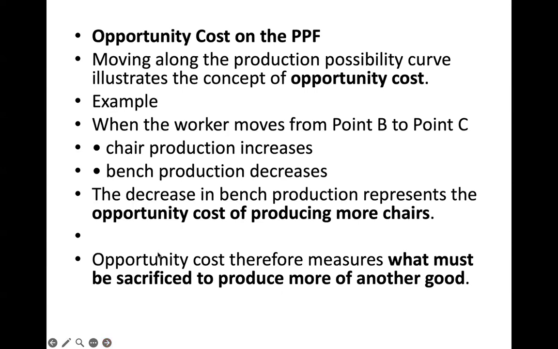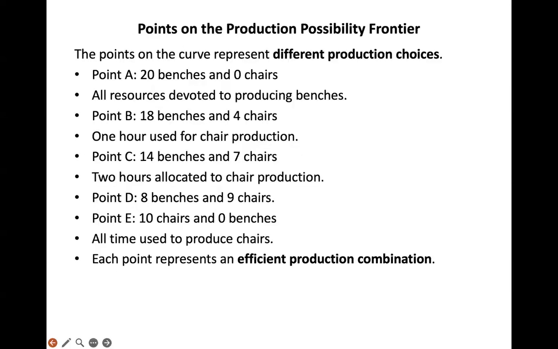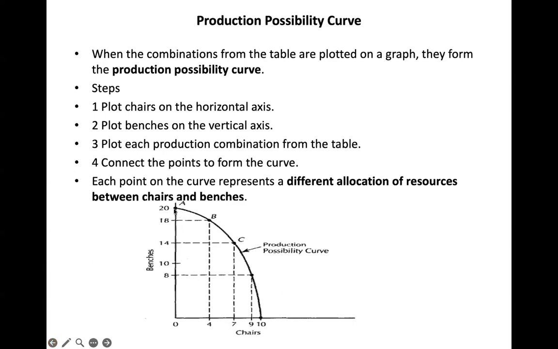So when the worker moves from point B to point C, the chair production increases, but the bench production decreases. From 20 at point A to 18 at point B, the production of benches is reducing, but that of the chairs is increasing.